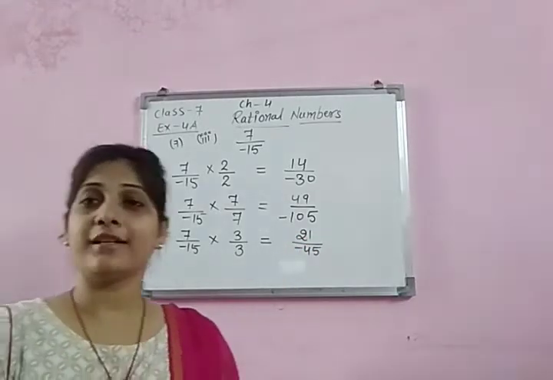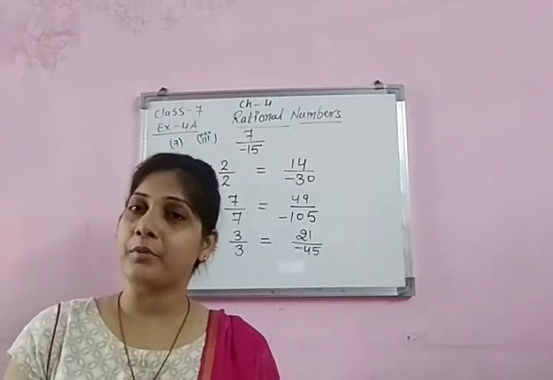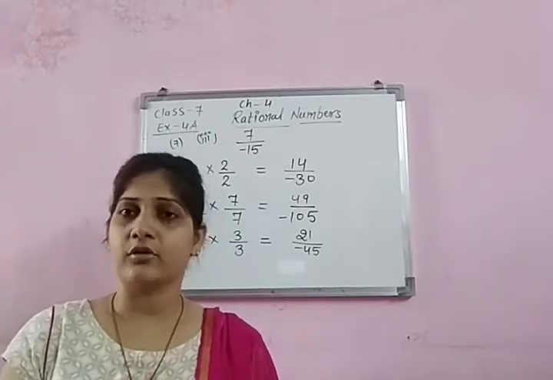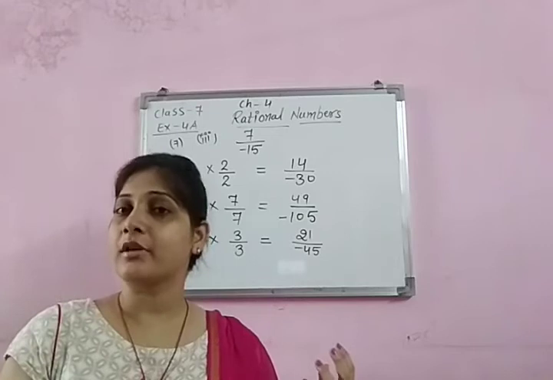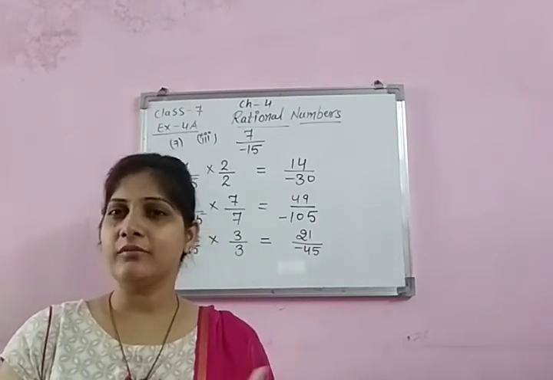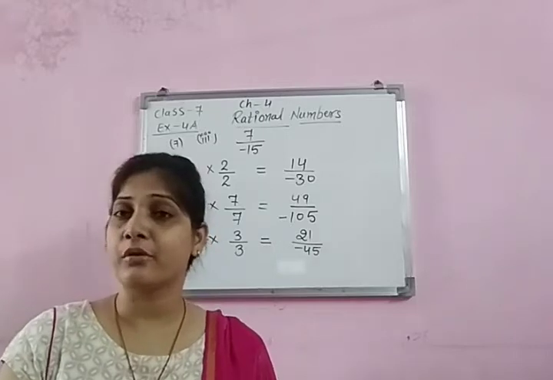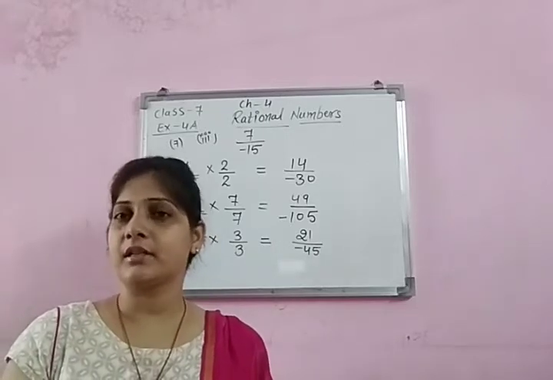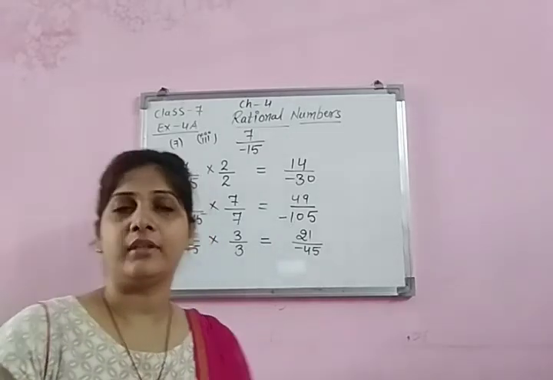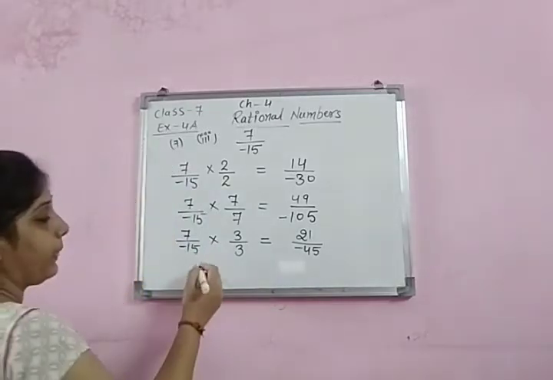Children, it's not necessary that you take only a positive number. You can take a negative also. Suppose I give you an example of a negative number, though you should take positive only, because maybe negatives make our calculation wrong. But I am telling you how we can take a negative number also.